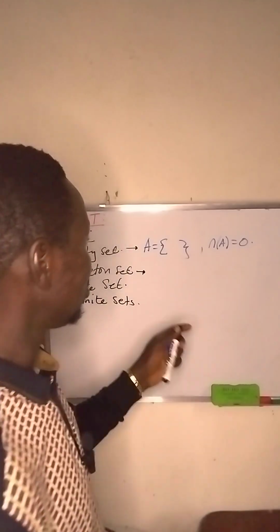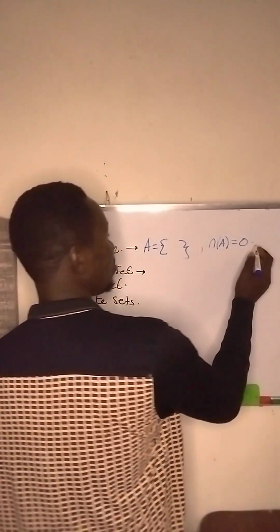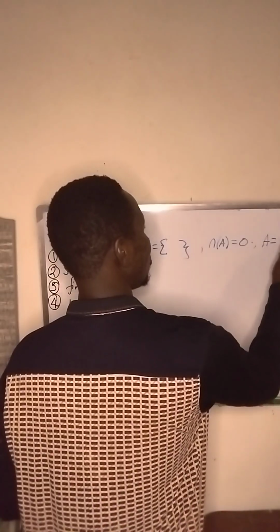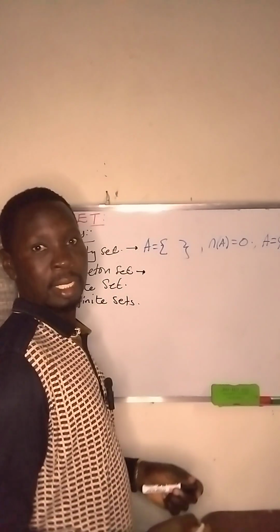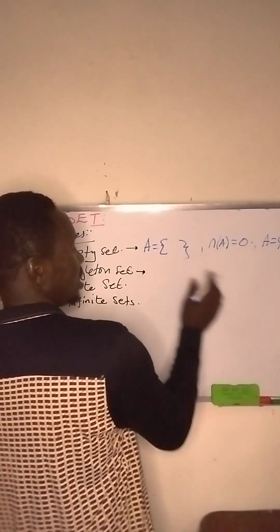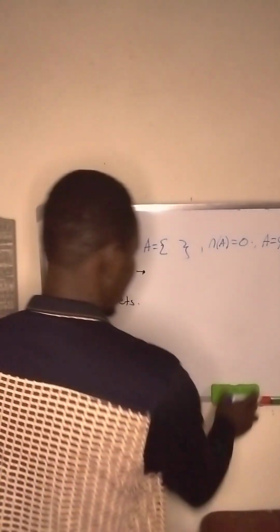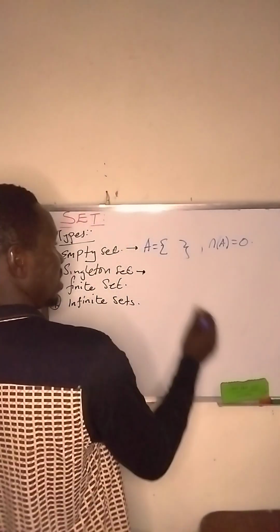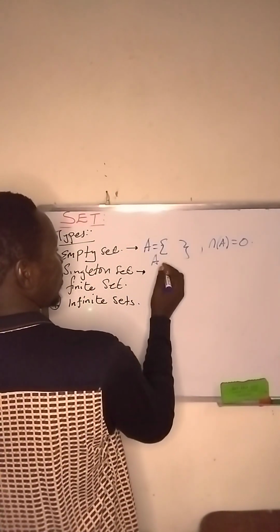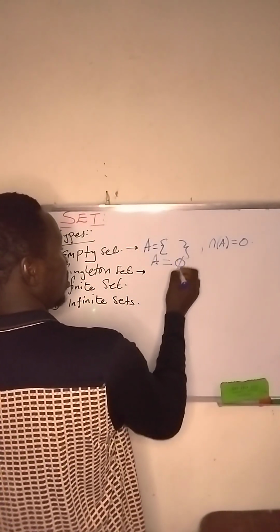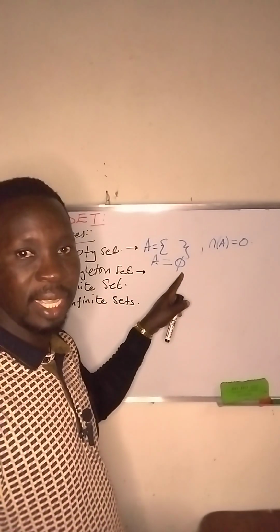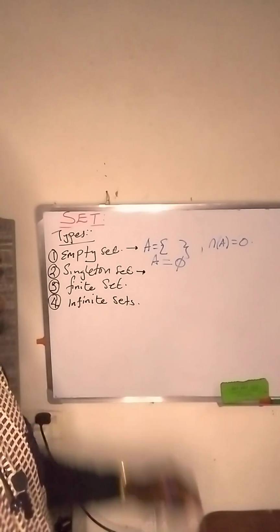And this can also be represented again by saying, if they say A is equal to this symbol, it means the empty set.